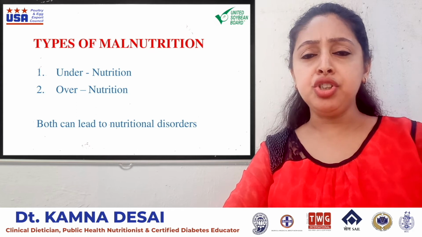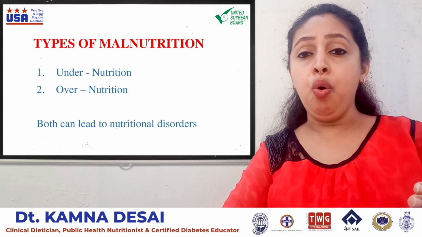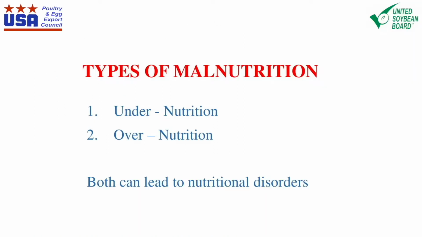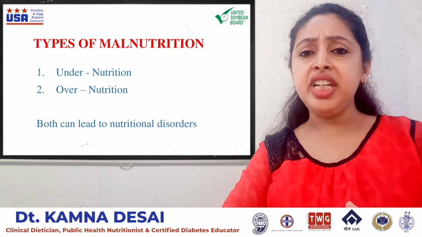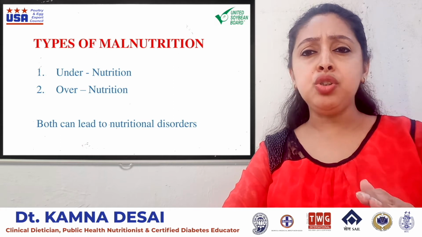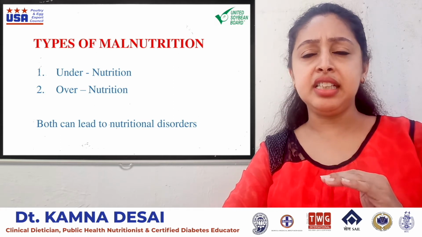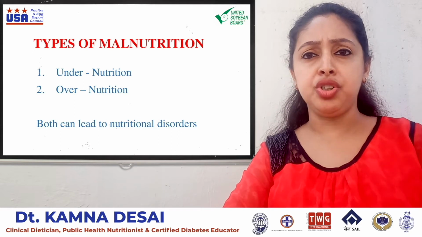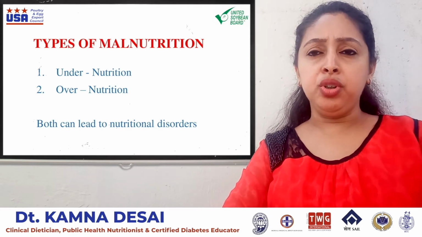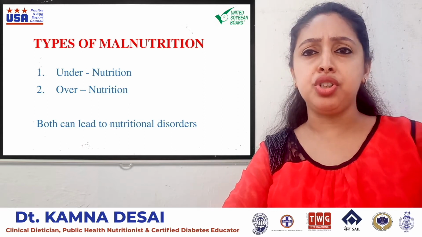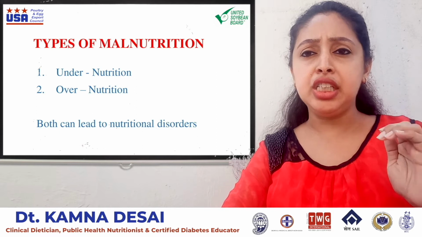In overnutrition, nutrients are oversupplied as against the body's requirements, whereas in undernutrition, nutrients are undersupplied as against the body's requirements. Protein insufficiency, also known as protein deficiency, now that we understand, falls in this category of undernutrition. So we need to bear this in mind, both undernutrition and overnutrition can cause nutritional disorders.